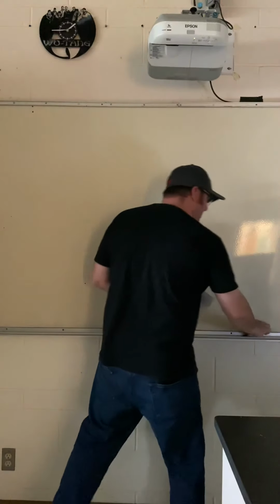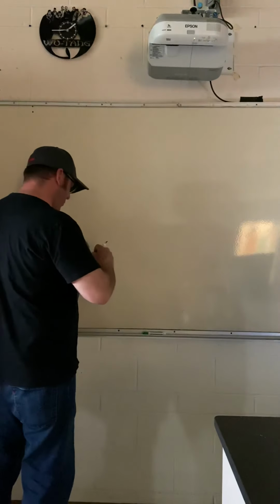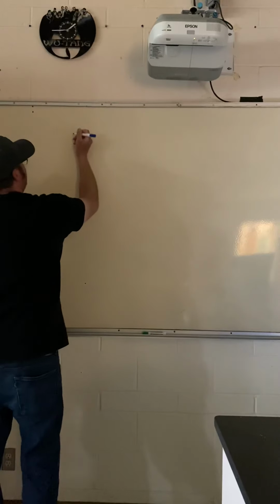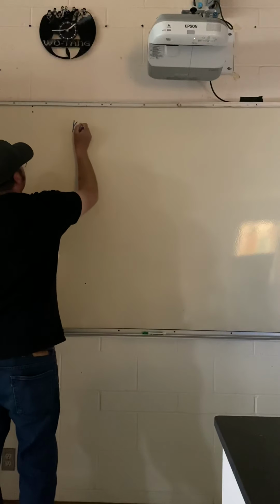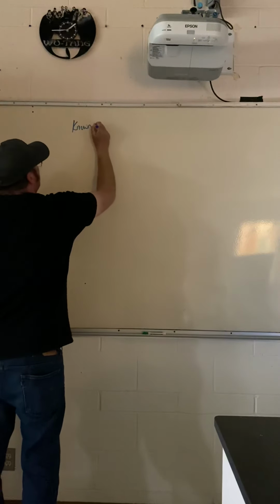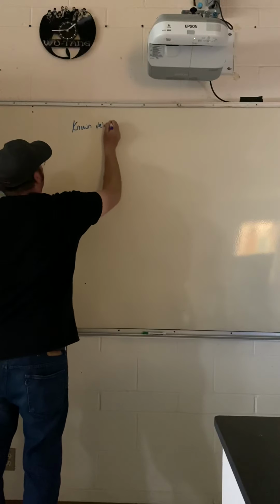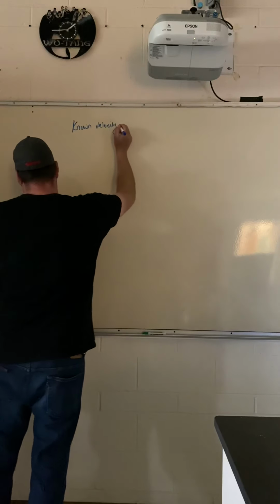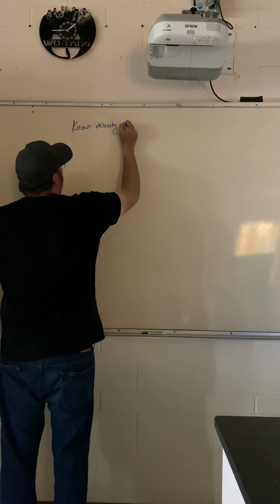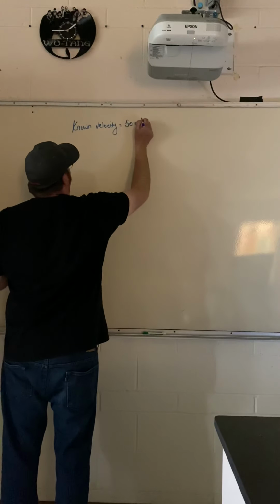Now let's see what we know about this problem. Let's write down our knowns. Known velocity is 50 meters per second, and I couldn't put the square on there for some reason.